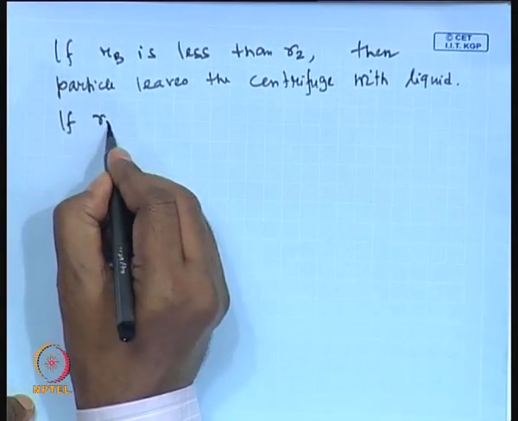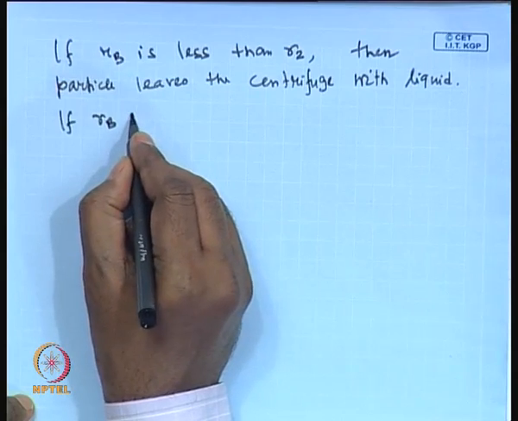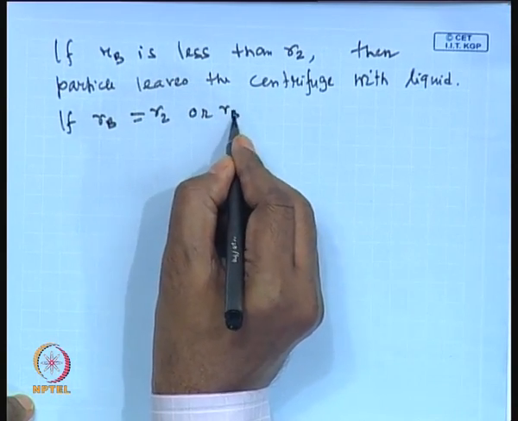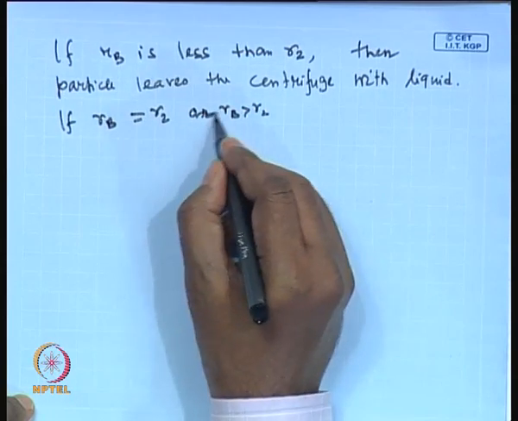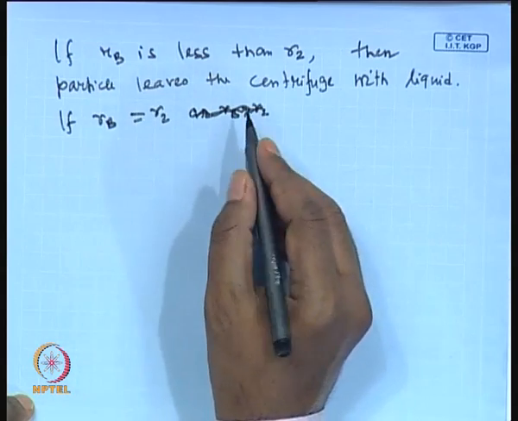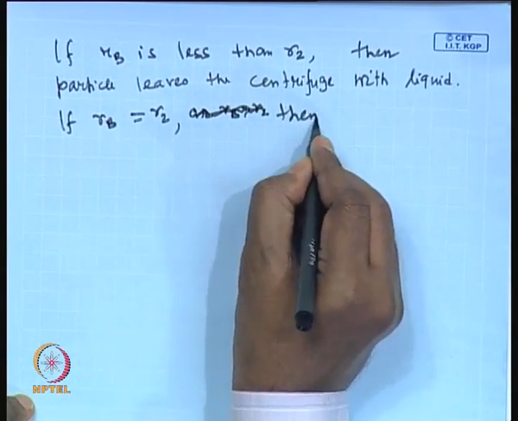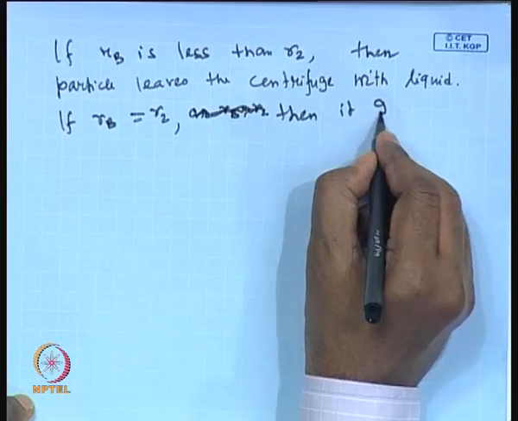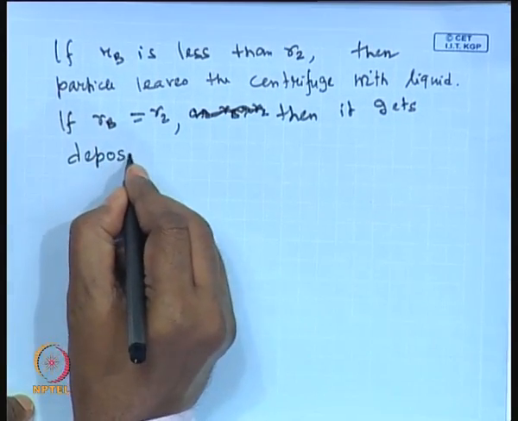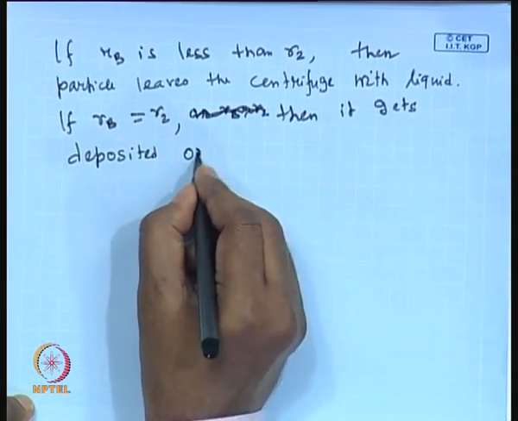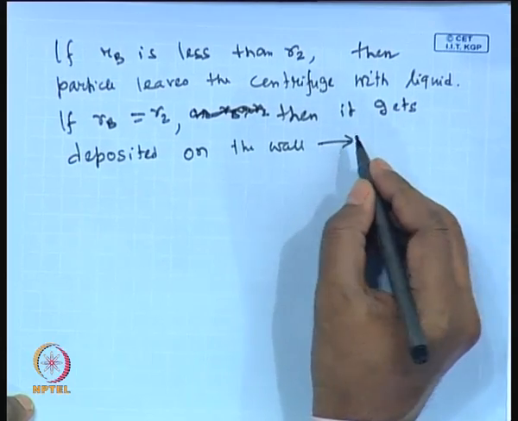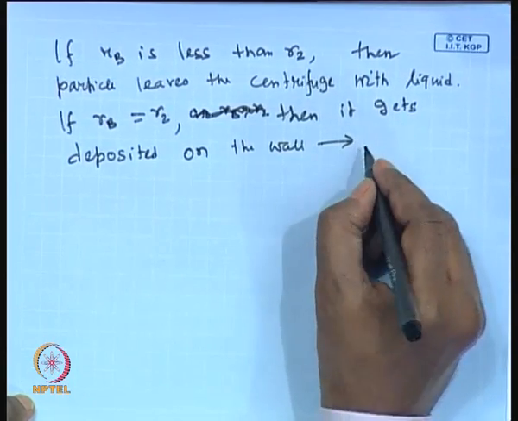If RB is equal to R2 or greater than R2, it will be equal to R2, it cannot be greater than R2 because there is a physical limit. Okay. If it is equal to R2, then it gets deposited on the wall. Once it gets deposited on the wall, it will be effectively separated from the liquid.